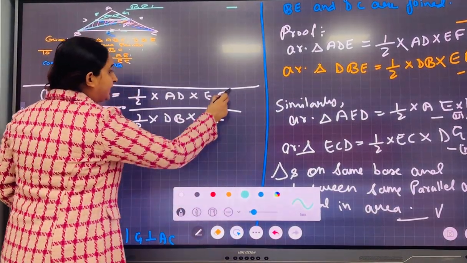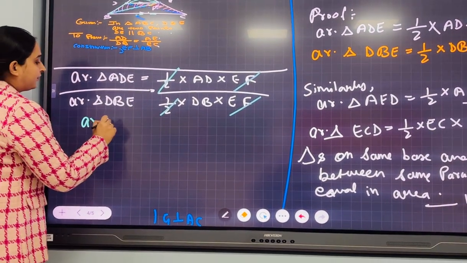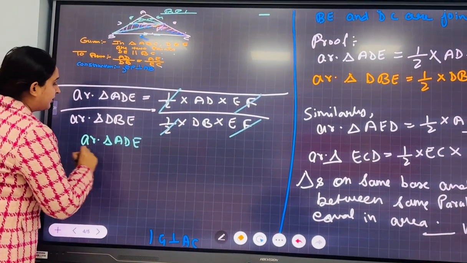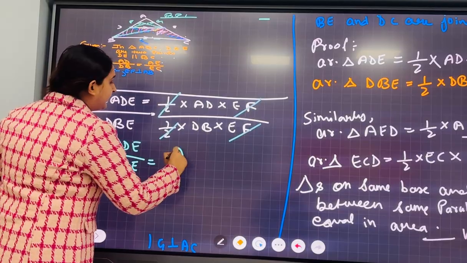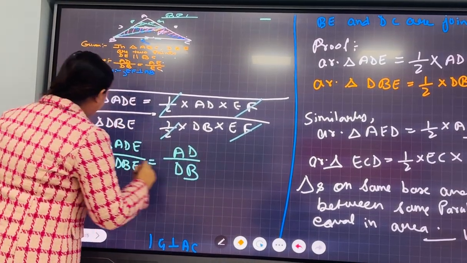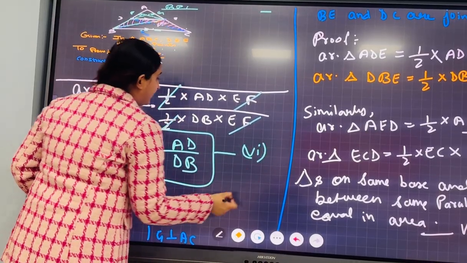So if you solve this, EF and half will cancel, and area of triangle ADE upon area of triangle DBE will be AD upon DB. Put it in a box. Let this be equation number 6.